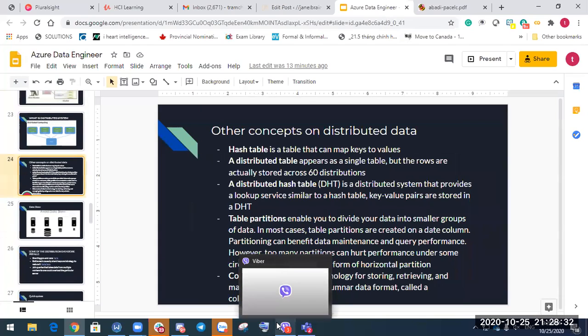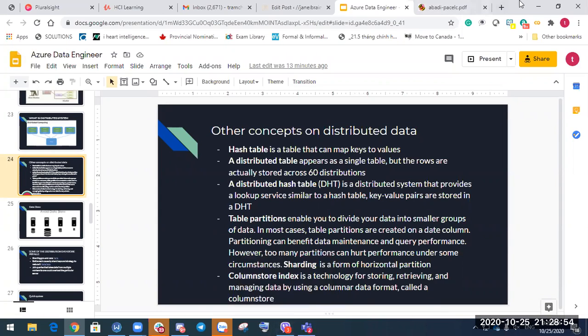So, hash table. A hash table can map keys to values. You remember back in your data structures class, you have the hash function and hash as a data type. Let me pull that up for you.